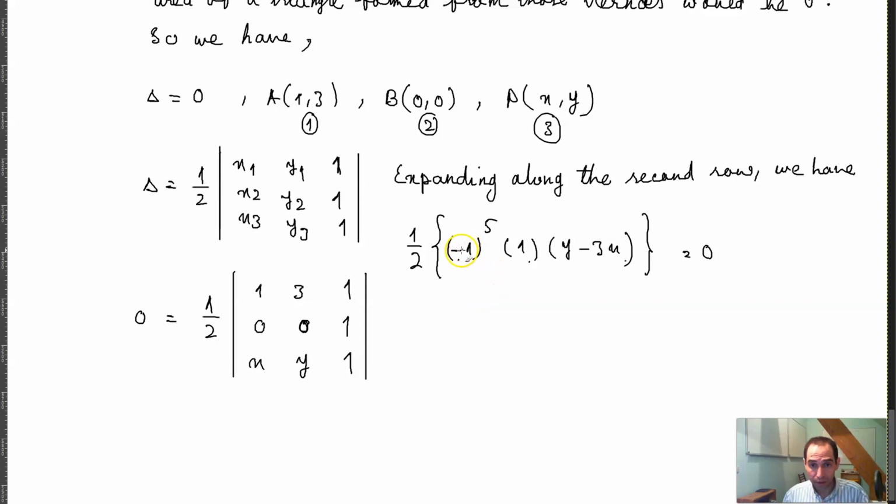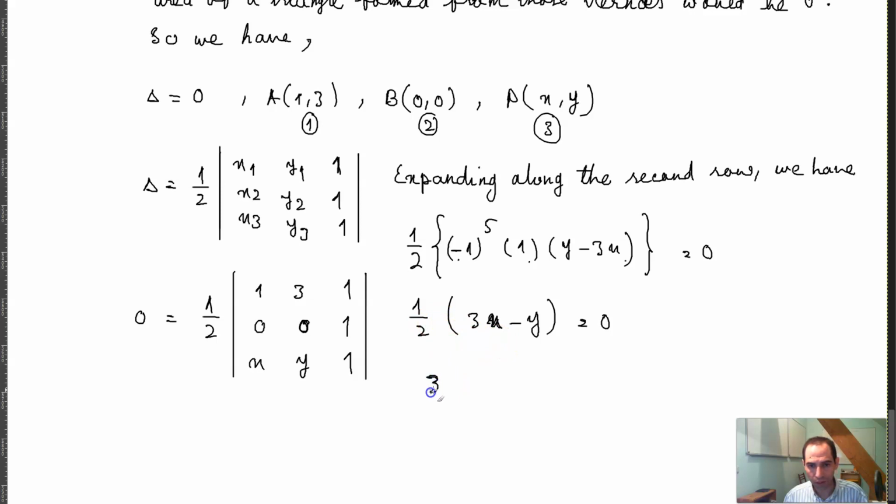Which means that this is -1 times this, which is equal to 1/2 times, and -1 times this would be 3x minus y is equal to 0. Let me actually multiply both sides by 2.